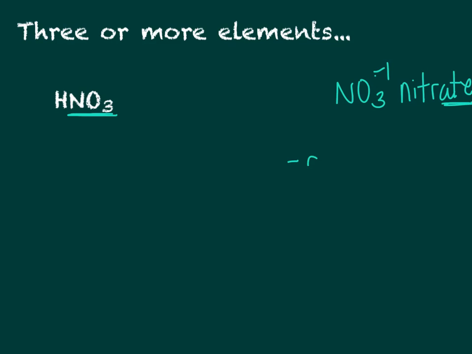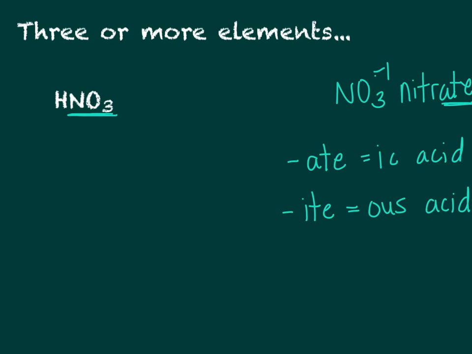So if you have a polyatomic ion that ends in ATE, you're going to use the suffix ic followed by the word acid when you name the acid. If, on the other hand, your polyatomic ion ends in ITE, you use the suffix ous, O-U-S, acid. NO3 is nitrate, so we're going to call this nitric acid.